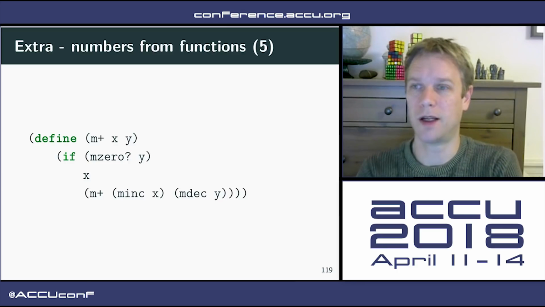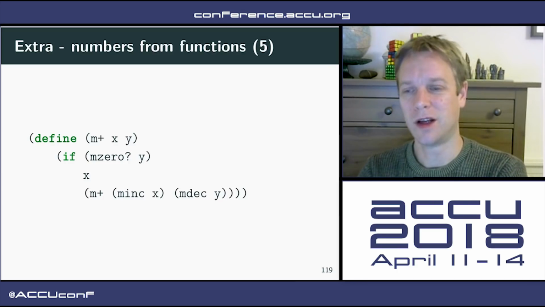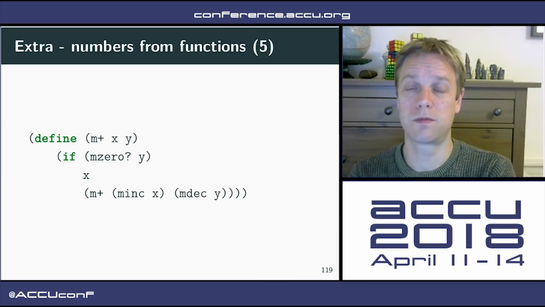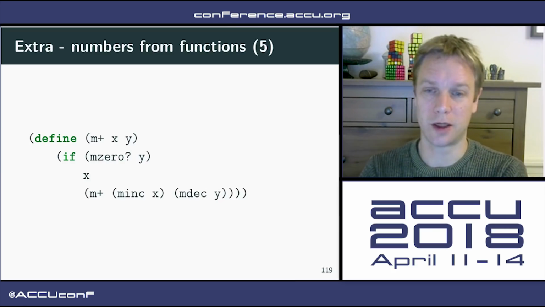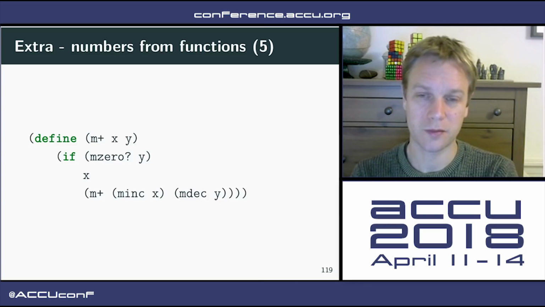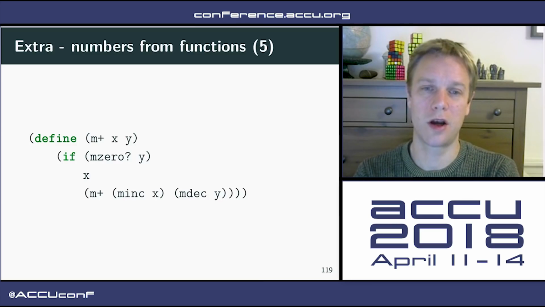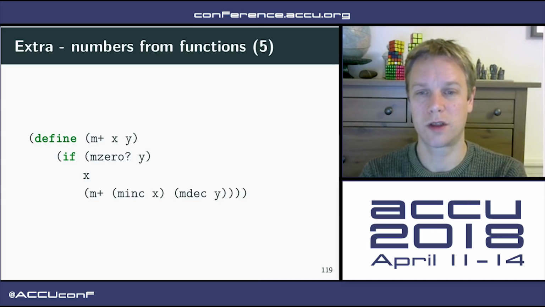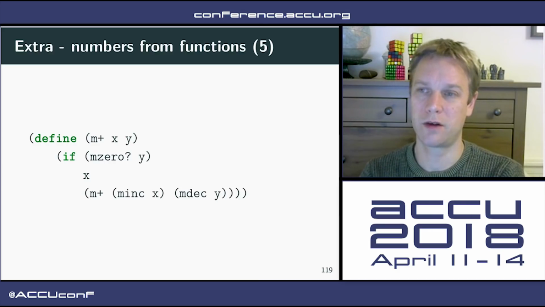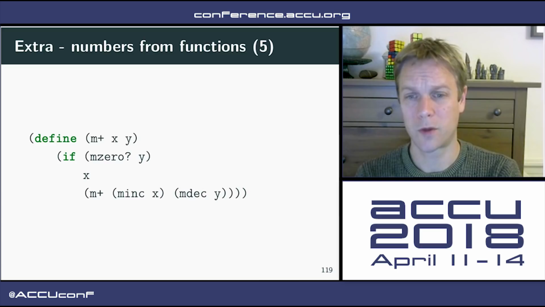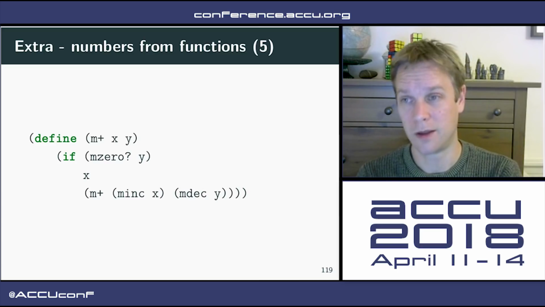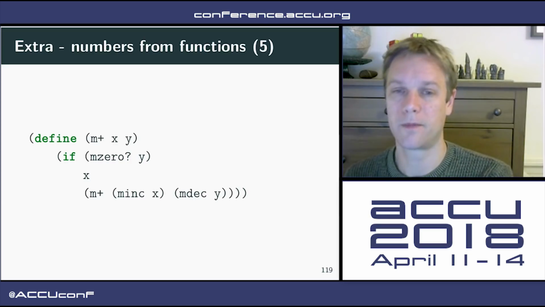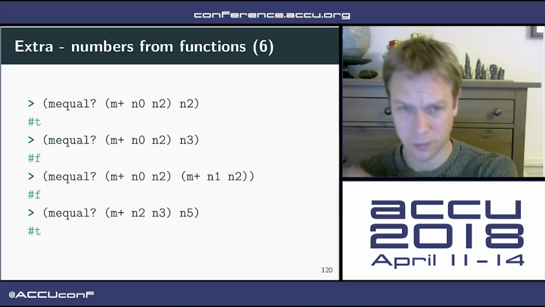And given that we haven't made any negative numbers, we don't know how to, that's a fair assumption. Obviously this could be extended to do that, but we haven't done that here. So what plus does is either return x if y is 0, or call itself again, but increase x and decrease y. Eventually y will be 0. Therefore the answer will be x, and you'll end up with the answer of adding up x and y.